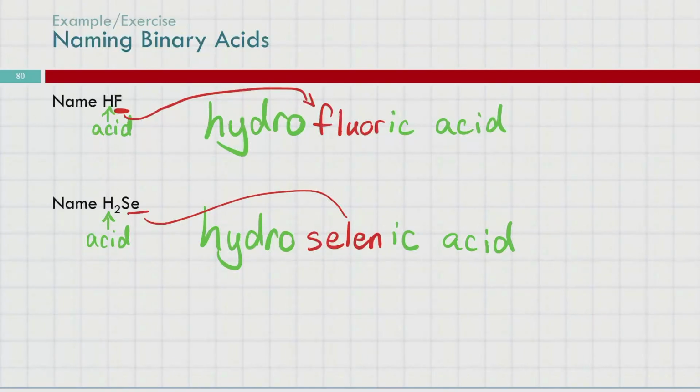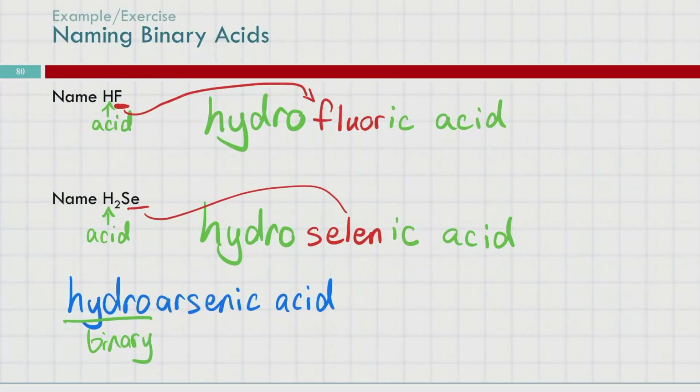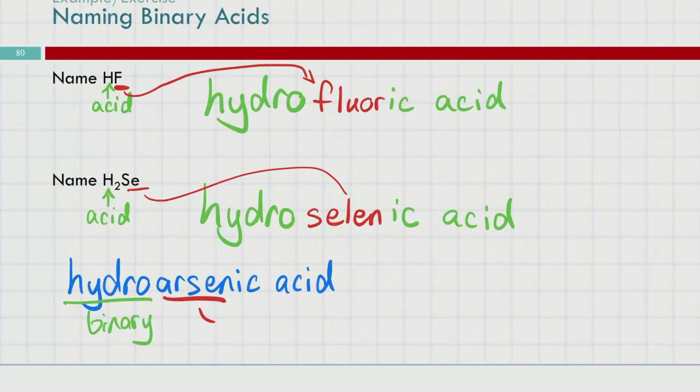So let's say we have hydroarsenic acid, if that exists. We have a hydro in front. This indicates to us it's binary. We also have this arsen part. Note that it's en, not on. We're not lighting fires. This is poisoning, because arsenic is bad for you.